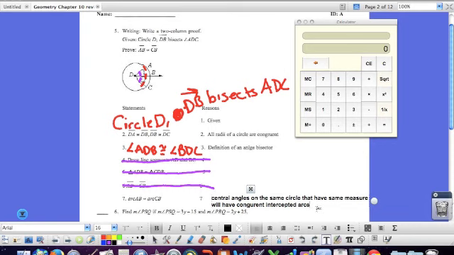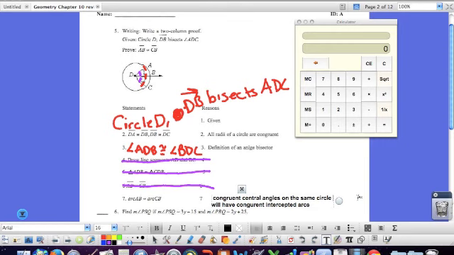So basically, congruent central angles on the same circle will have the same congruent intercepted arcs. So I don't even need that part. I'm typing a lot here.